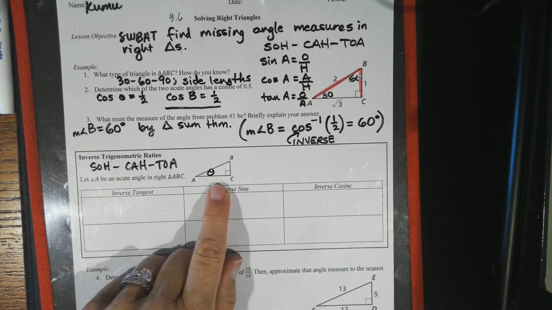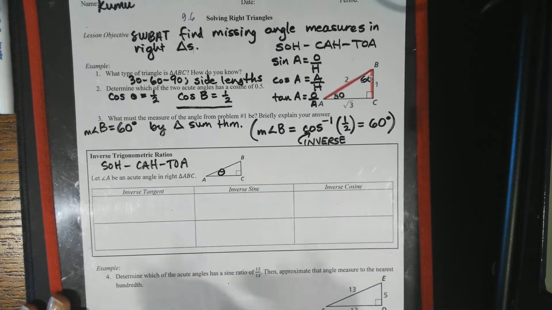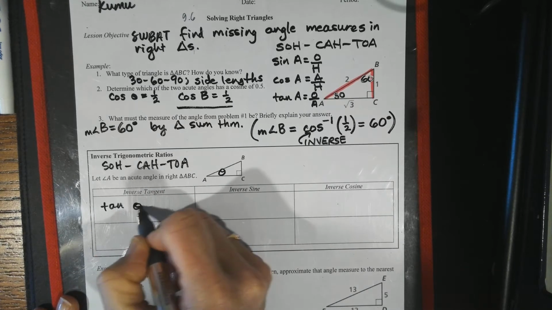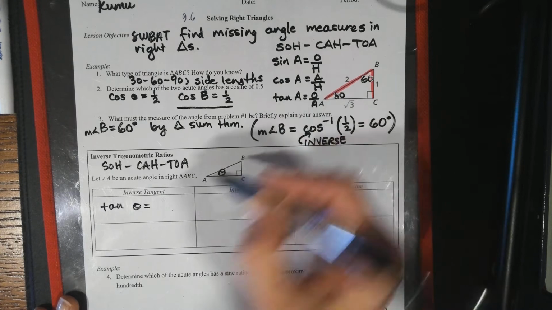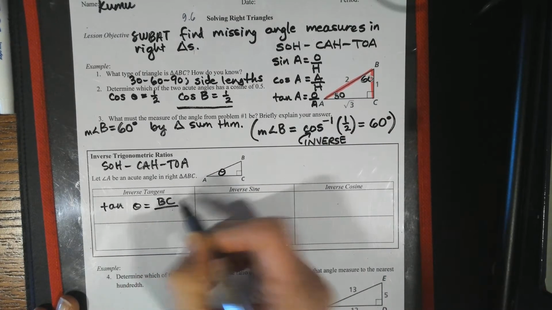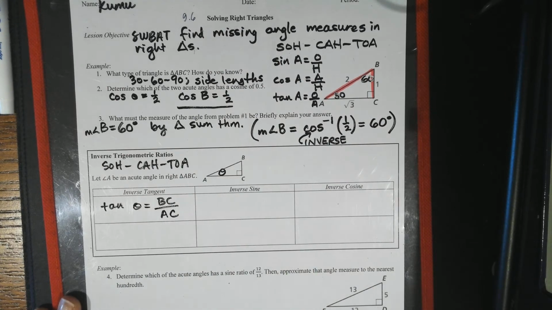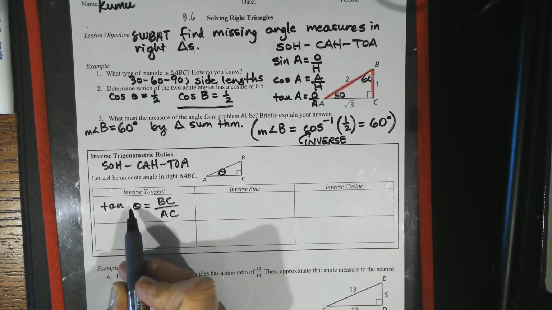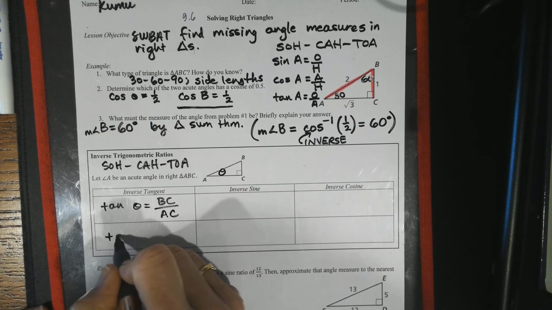And here's the right triangle ABC. So, if I want to do inverse tangent, what that means is that I've got tangent of theta, which is equal to opposite over adjacent. If I have these sides but I want to find that angle, then the inverse is tangent inverse.